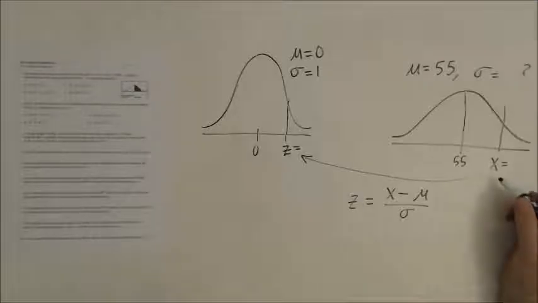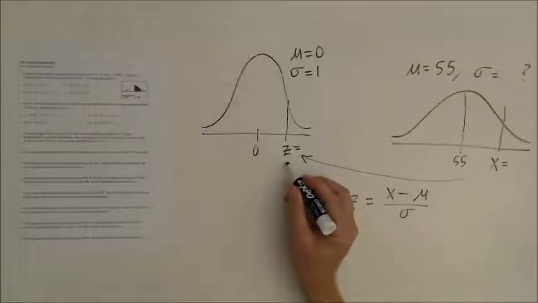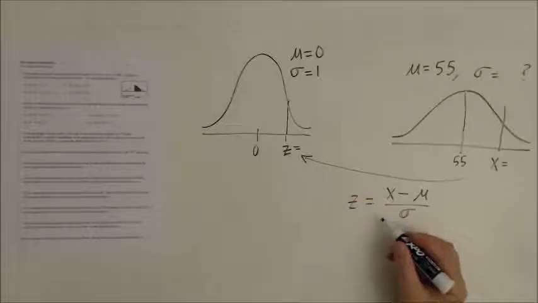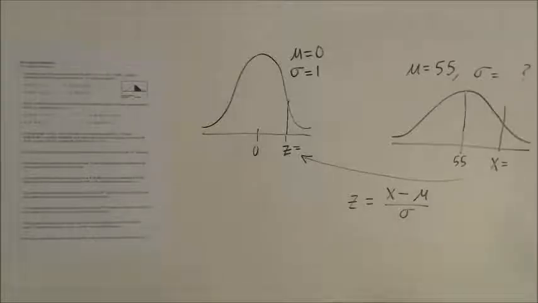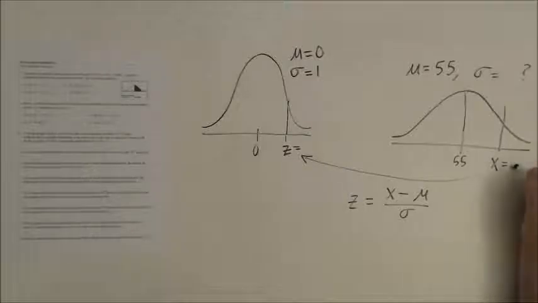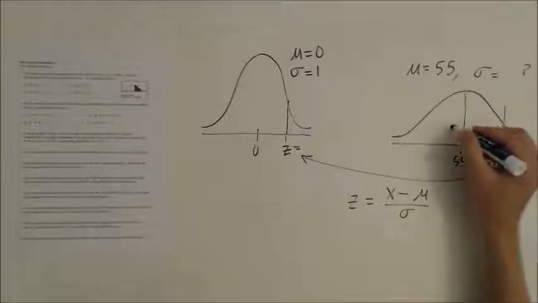Recall that any normal random variable may be converted to a standard normal random variable, z, using our z-score formula, where z equals x minus the mean divided by the standard deviation. Here we're told x equals 67 corresponds to the 80th percentile of the given distribution.